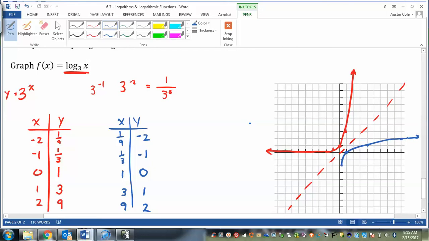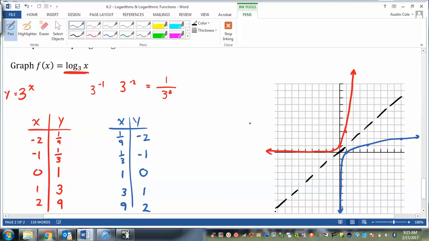So if I plot those, the graph is going to look like this. As you can see, the graph is symmetrical over the line y equals x.